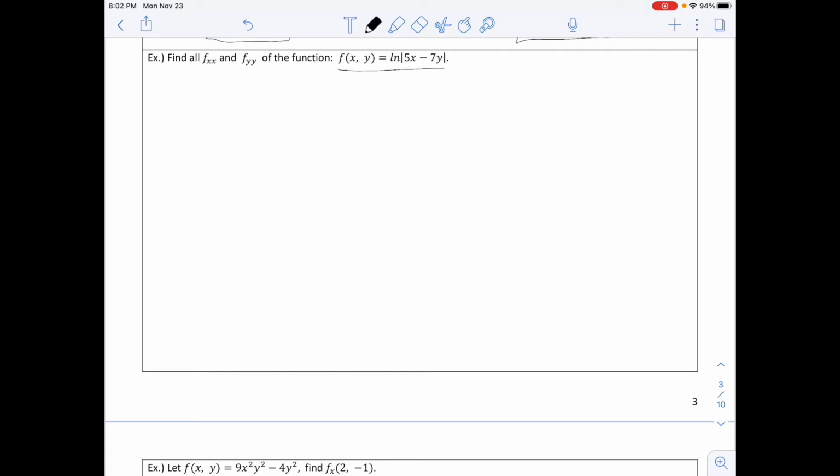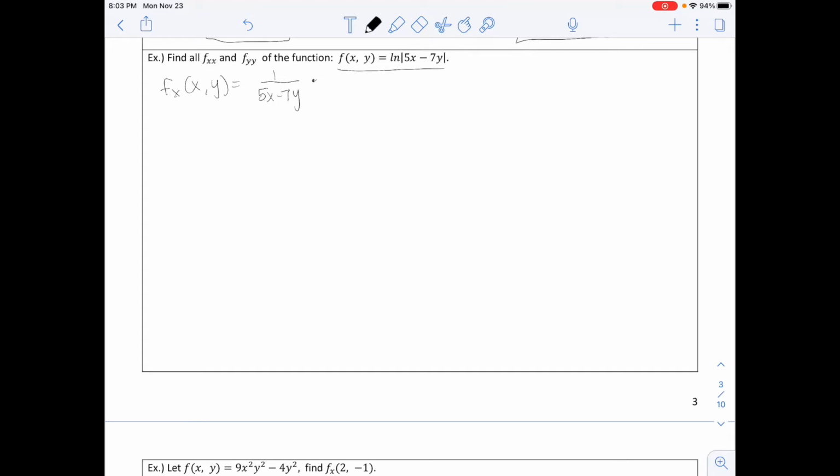So in order to get my second derivatives, I have to first find my first derivatives. So I'm going to go ahead and find f sub x of x, y, the partial with respect to x. Taking the derivative of ln of 5x minus 7y is going to be 1 over that function that we're taking the log of, which is 5x minus 7y, times the derivative of the inside function using the chain rule.